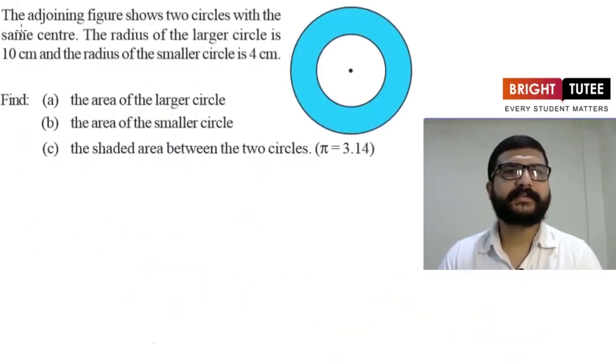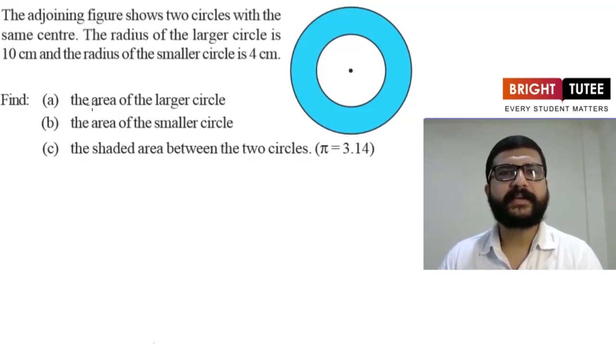The question here is, the adjoining figure shows two circles with the same center. As we can see here, two circles are marked here and they are having the same center. Now the radius of the larger circle is 10 centimeters and the radius of the smaller circle is 4 centimeters.